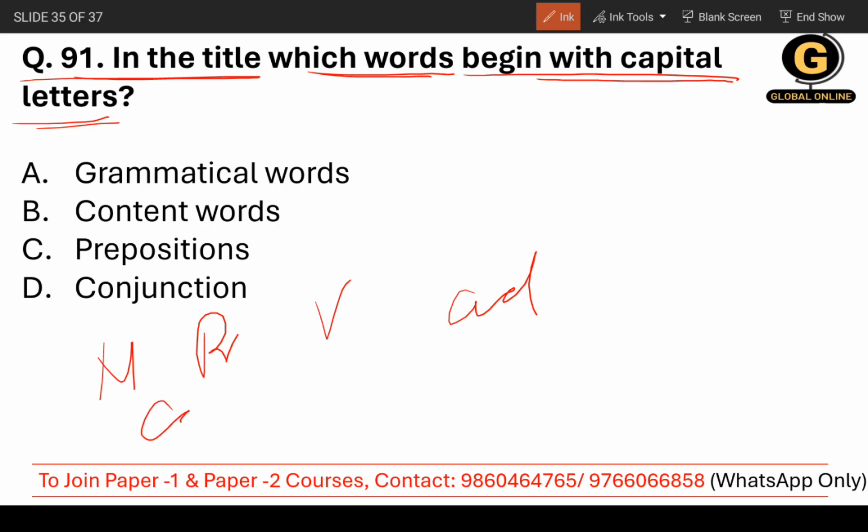But with coordinating conjunctions and prepositions, we do not do it if the word contains 3 letters or less. So we will not capitalize it. Okay, so the correct answer here is conjunction.